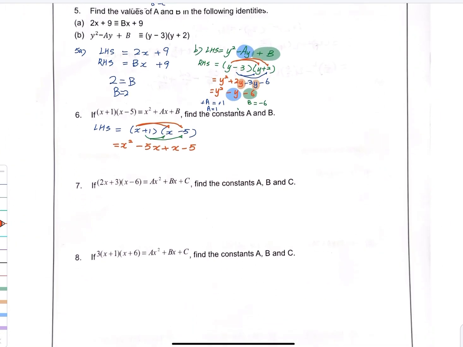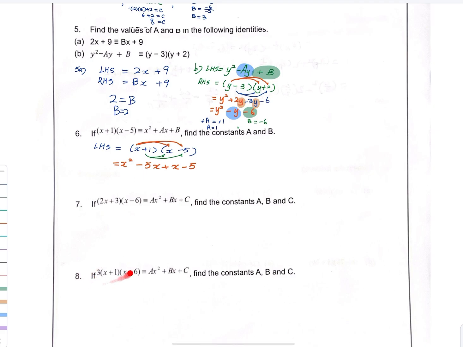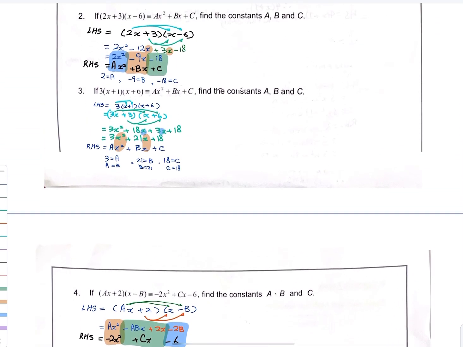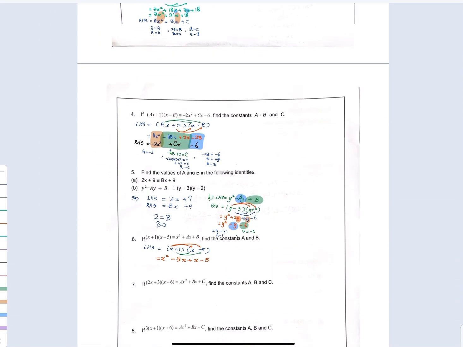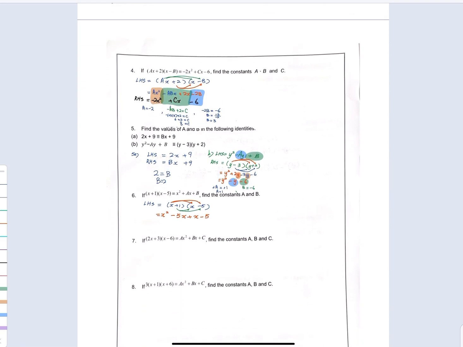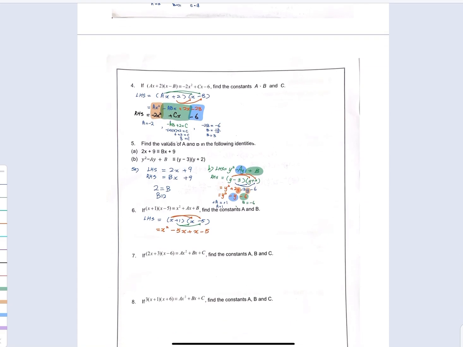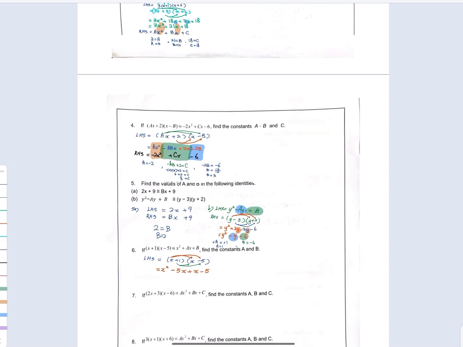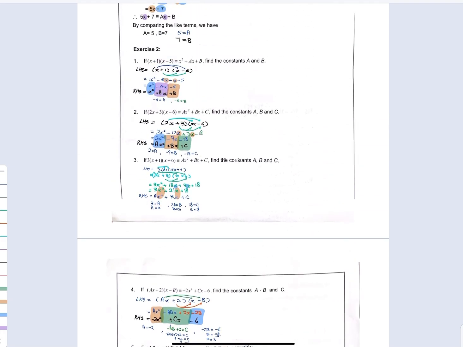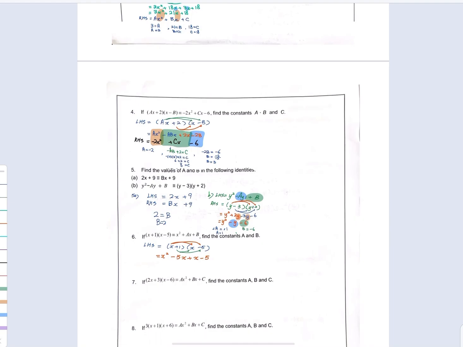Remember to pause the video, deal with the whole part on your own first. Because even for this one, the last one, we did an example here. Not really an example. Is it the same question? X plus 1, x plus, yeah, this number 8 is the same as this one, and this number 7 is the same as this one, and even this number 6, x plus 1, x minus 5, is the same as this one.